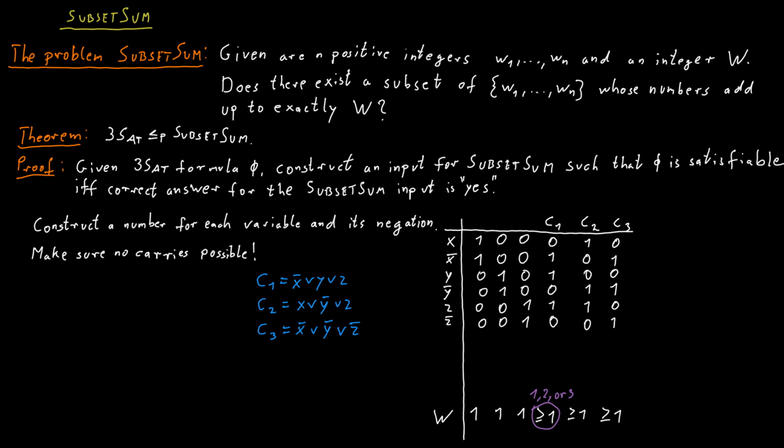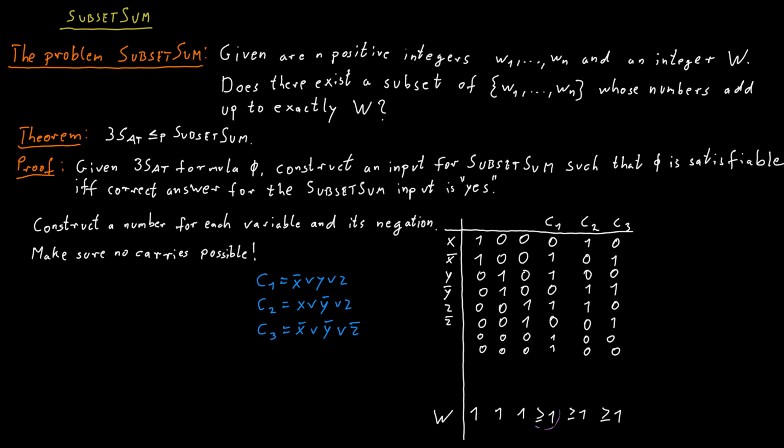But what I can do is I can now include additional dummy numbers in my input instance. So we add additional numbers. And in particular, I add 2 numbers for each clause. And both of those numbers will have a 1 in the corresponding column for that clause and zeros everywhere else.